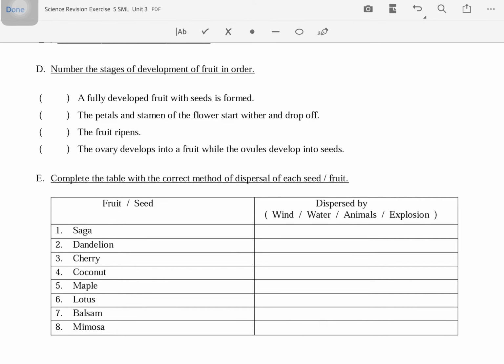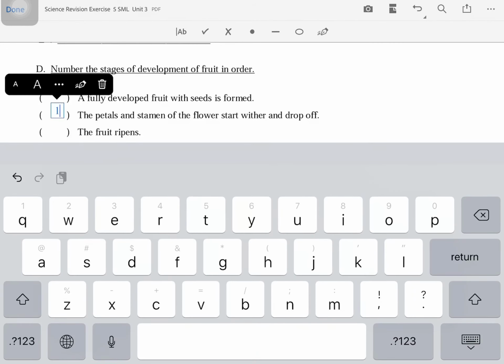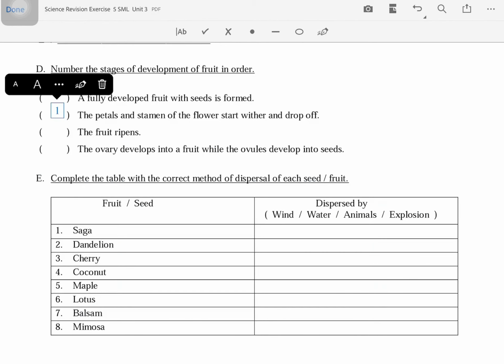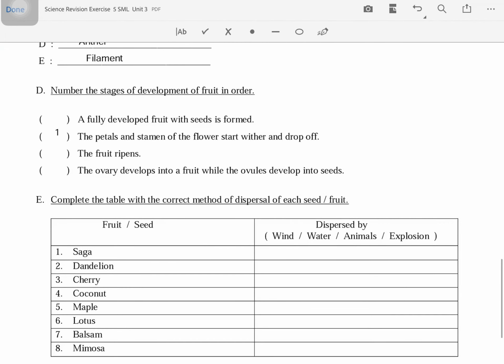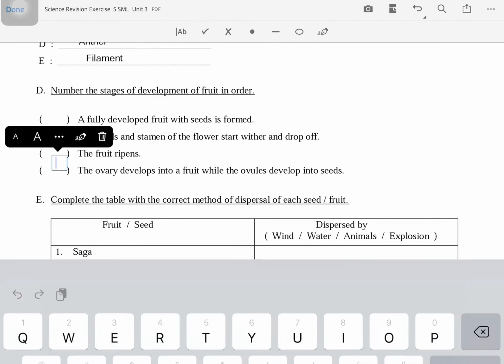Now, moving on to part D, number the stages of development of fruit in order. So first what happens? The petal and stamen of the flower start to wither and drop off. So this is the first stage. The second stage is the ovary.